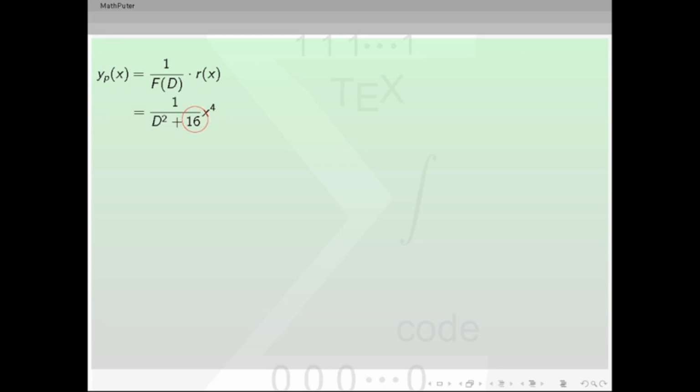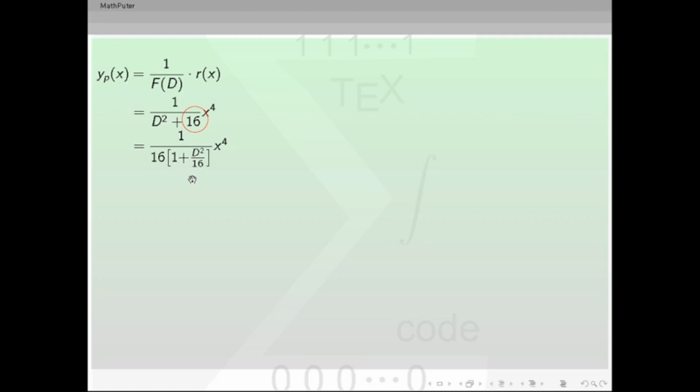So let us take 16 common. So now what we have, when we take 16 common, we will have D square upon 16 and 16 upon 16 is 1 multiplied by x raised to 4. So after taking 16 common, we have this quantity 1 upon 16 into 1 plus D square upon 16 into x raised to 4.